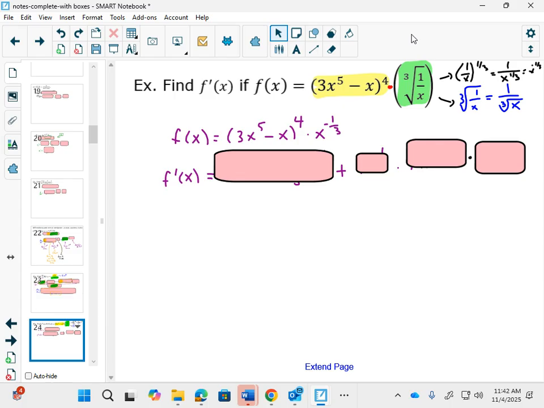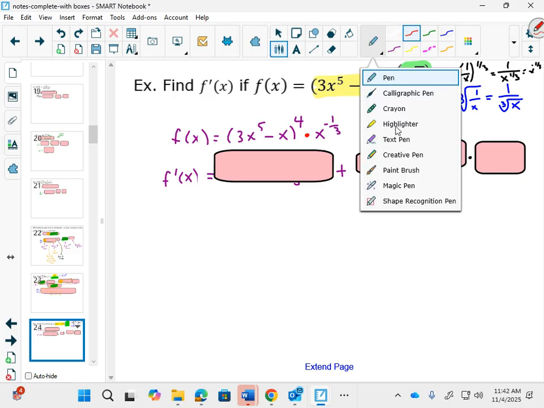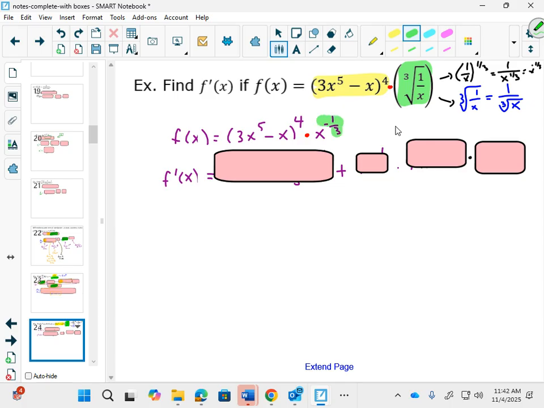So I rewrite that equation as a result, and I still have a product rule, right? Because my multiplication is right there. Here's my second one, simplified. Here's my first one.